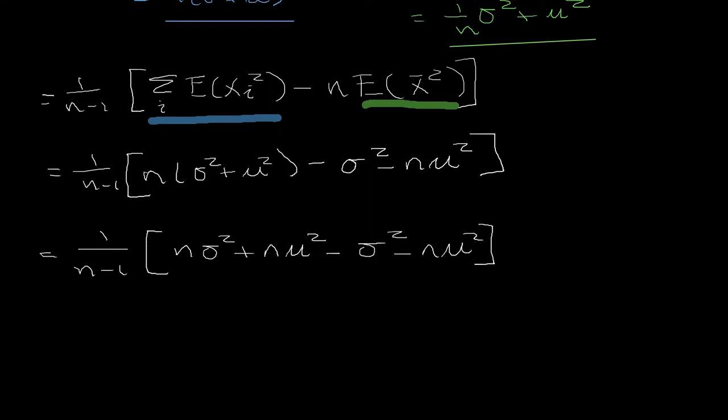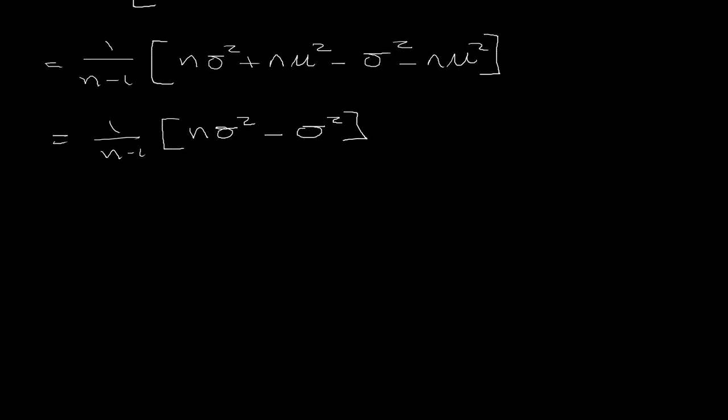So we can simplify: n mu squared, positive and negative, they cancel each other. So this is 1 over n minus 1 times n sigma squared minus sigma squared. So now we can factor sigma squared.